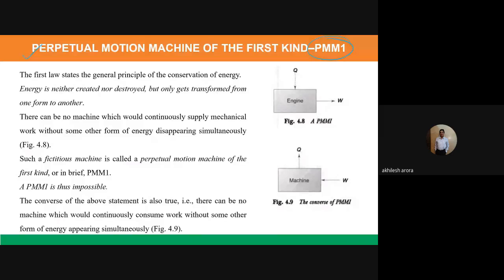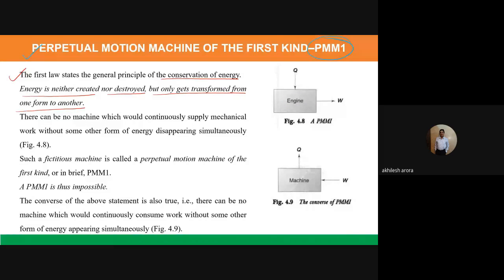Now let us see what the first law is. First law is the conservation of energy basically. That means energy is neither created nor destroyed, but only gets transformed from one form to another. You can convert mechanical energy to electrical and so on, or electrical to mechanical and so on, or heat energy.